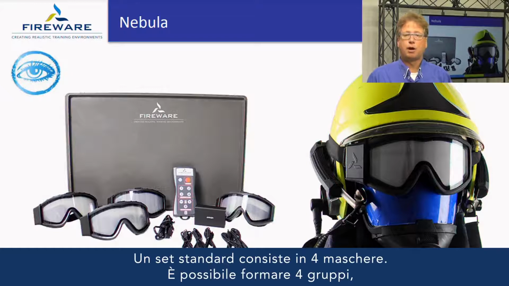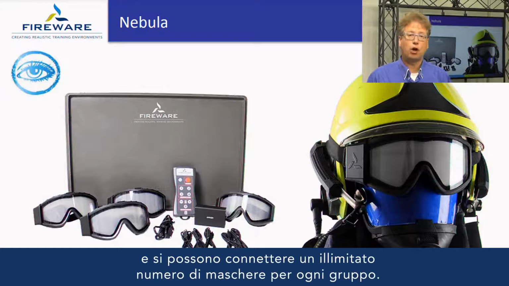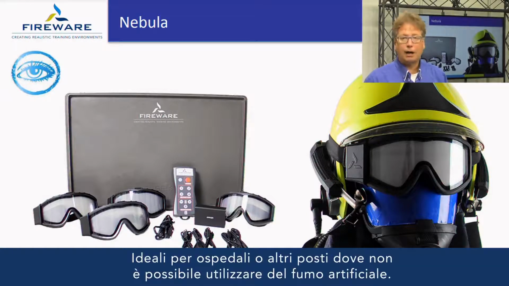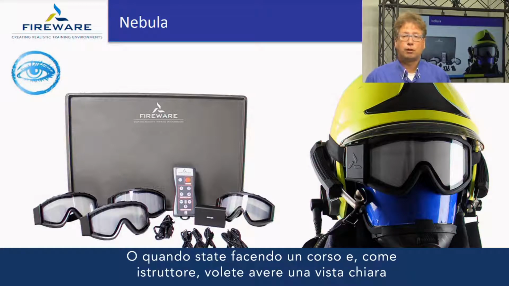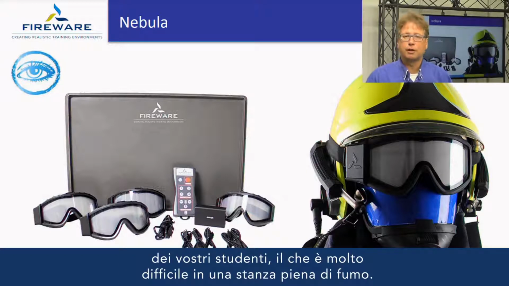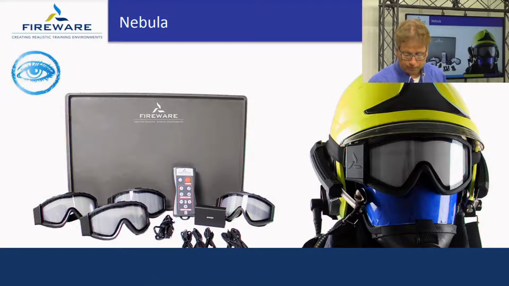Up to 4 masks in a set, and you can make 4 groups, and you have an unlimited amount of masks in a group. Ideal if you are working in hospitals or places where you cannot work with artificial smoke, or when you are training people. As an instructor, you want to have a clear view of your student, which is much harder when you fill up a room completely with smoke.